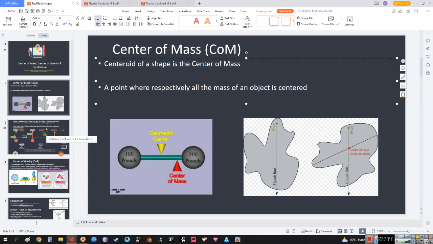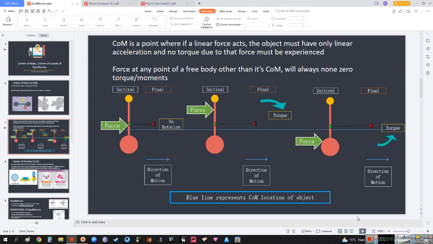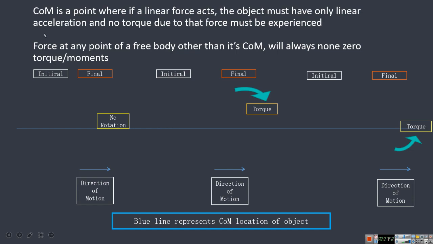To further understand what center of mass is, we're going to look into this brief animation where we say that a center of mass is a point where if a linear force acts, the object must only have linear acceleration, right, and no torque. That means we are not going to expect any moment either in the clockwise or in the anti-clockwise direction. So the force must only create a linear motion in the object, right?